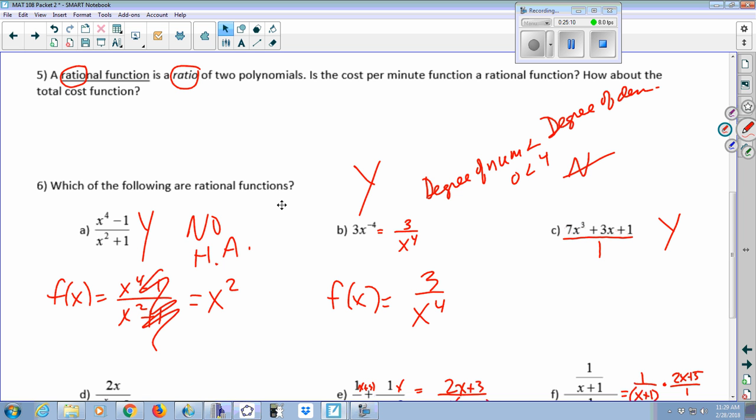It's going to get wicked small and fast. You put 1,000 in there and raise it to the 4th power, 3 divided by that number, I can't even show you the distance between my thumb and my forefinger, right? So here, anytime the degree of your numerator is smaller than the degree of your denominator, your horizontal asymptote is always your x-axis, which is the equation y equals 0.